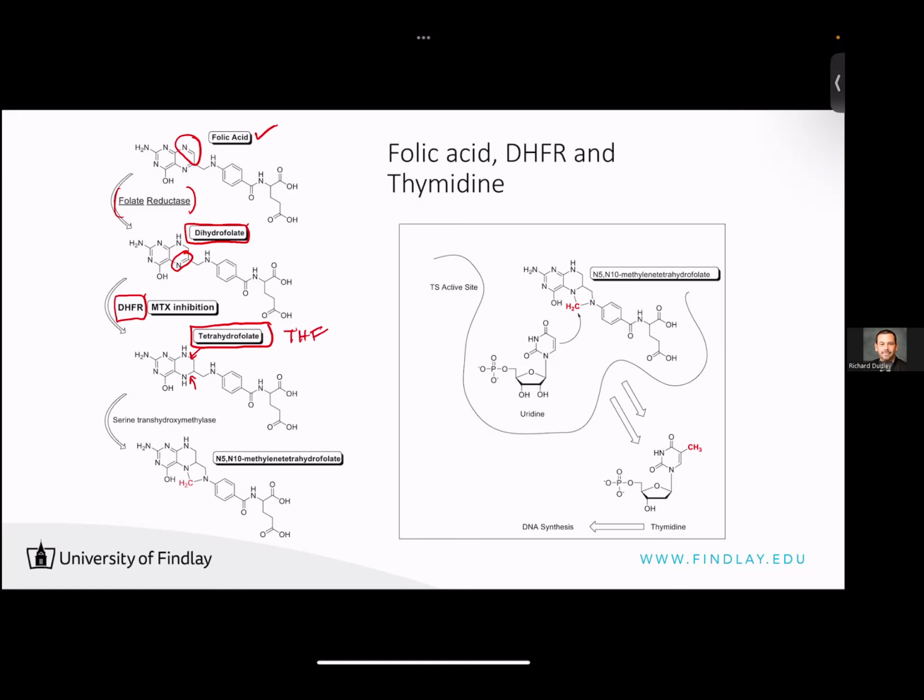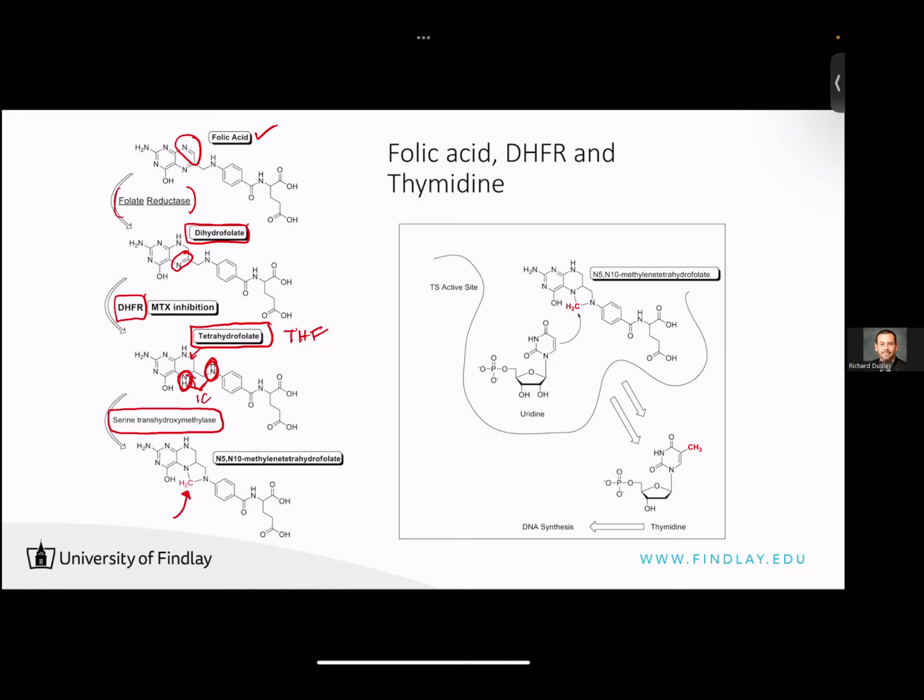Once we get to tetrahydrofolate, tetrahydrofolate will serve as a substrate for an enzyme called serine transhydroxymethylase. And serine transhydroxymethylase uses tetrahydrofolate as a substrate, and it essentially is bridging this nitrogen and this nitrogen in folic acid with one carbon. And that's the carbon right there.